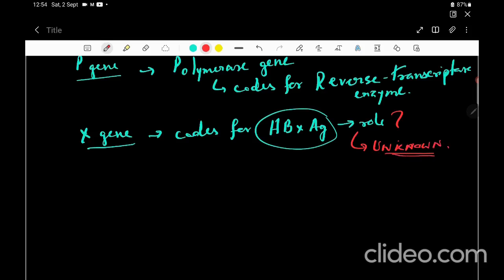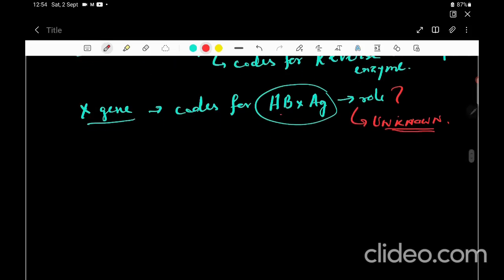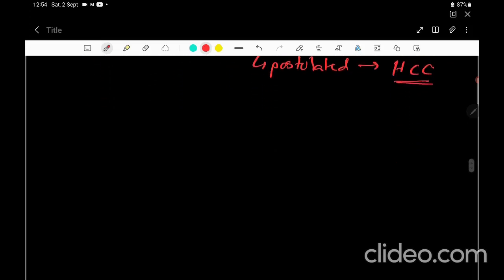Maybe you can take this up as your diploma thesis, a very good topic for thesis and research: the role of HBx antigen, HBxAg. But it has been postulated that it might have some role in the development of HCC, carcinogenesis, but it is not confirmed yet.